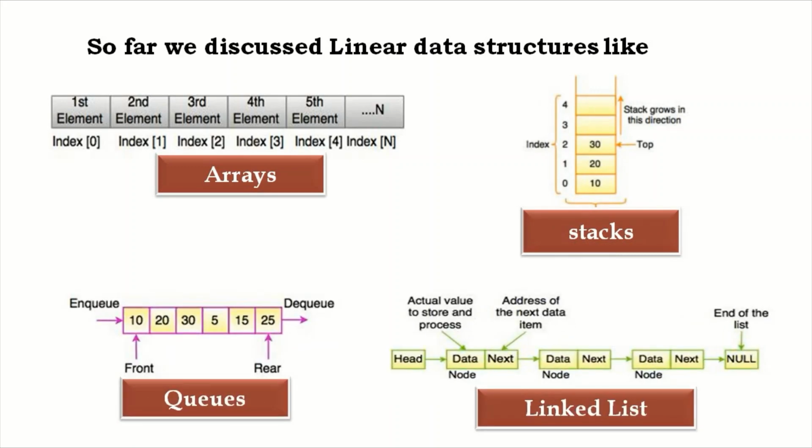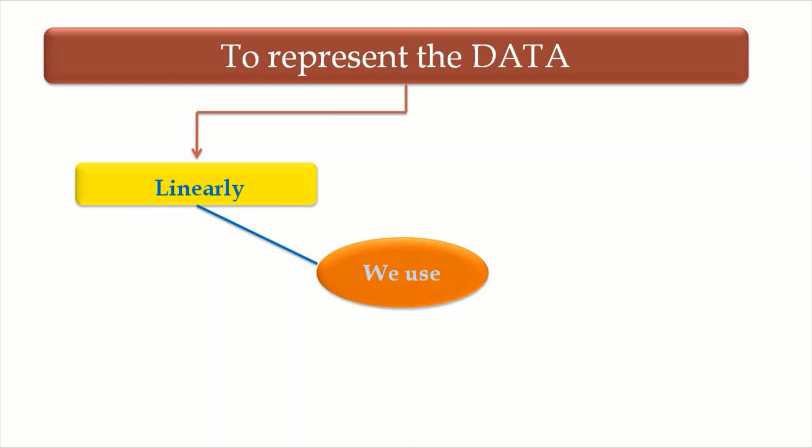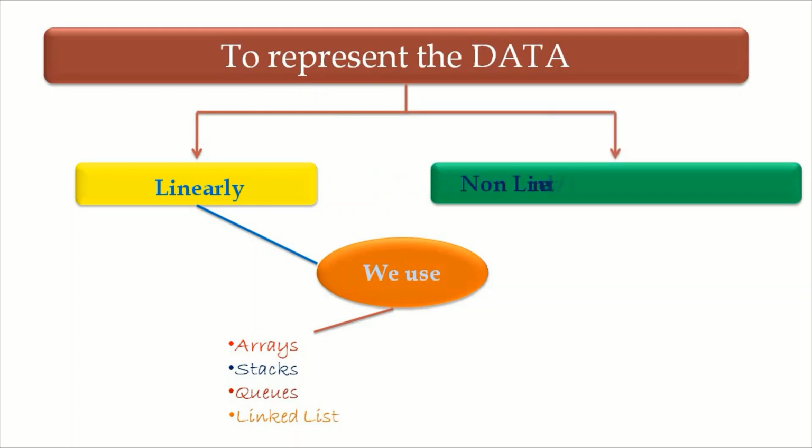In linear data structure, one data element is connected or attached only with one data element, either with previous or next, a one-to-one relation. To represent the data linearly, we use arrays, stacks, queues, and linked list. To represent the same data non-linearly or hierarchically, we use trees and graphs.